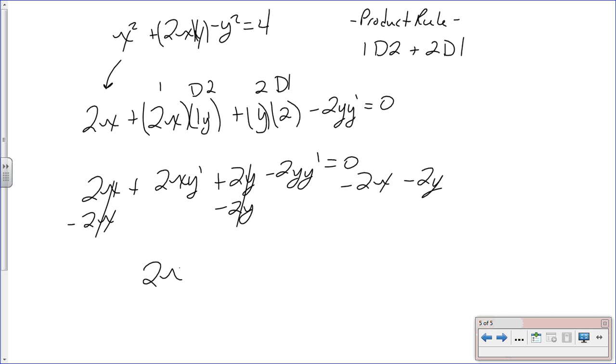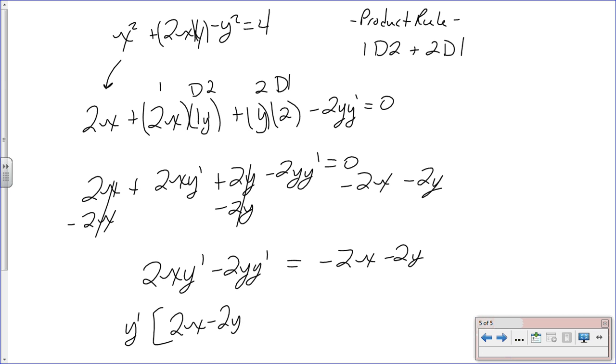So 2x y prime minus 2y y prime equals negative 2x minus 2y. Factor out only the y prime here, because that's all we're concerned with.